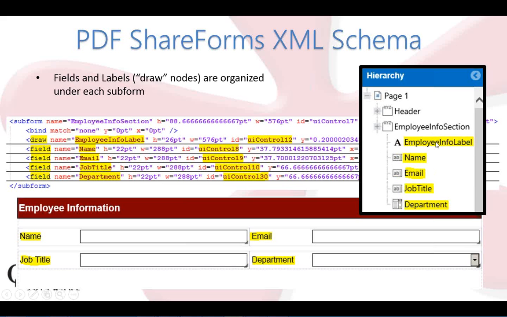But these are unique to PDF ShareForms, and they're strictly for typing in text. In this sense, I'm using it to demarcate the employee information section, but it's for text that the user is not meant to interact with. So that's how these fields are represented in the subform section that corresponds to the hierarchy.